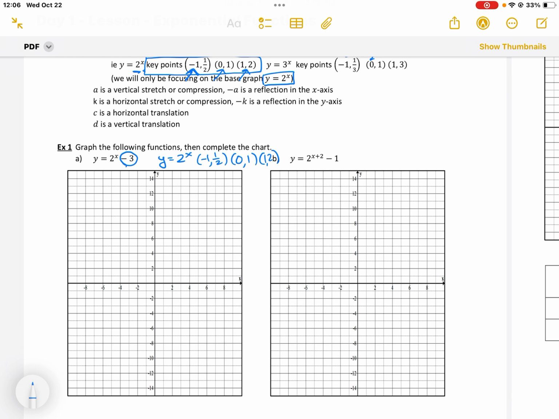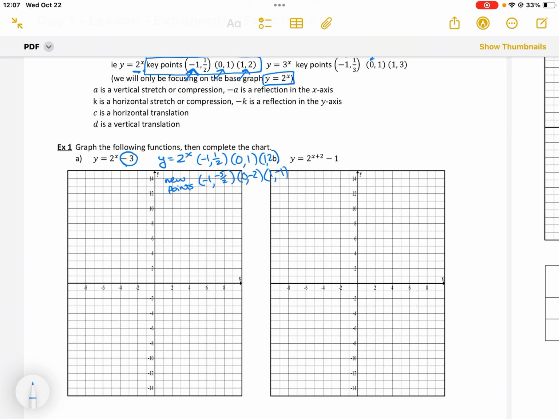So that means that for my new points, I'm going to take away 3 from each of the y coordinates of my key points. So I've got -1, 1/2 take away 3, which would be -5/2. Then I would have 0, -2, and then I would have 1, -1.